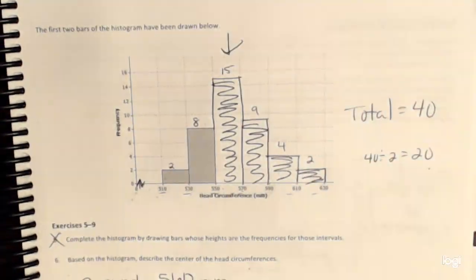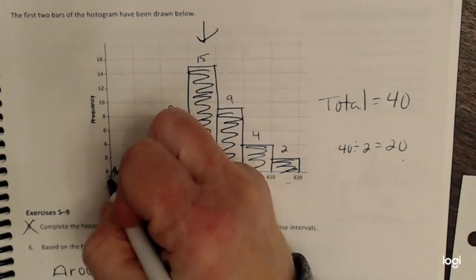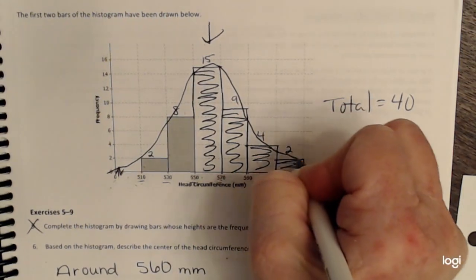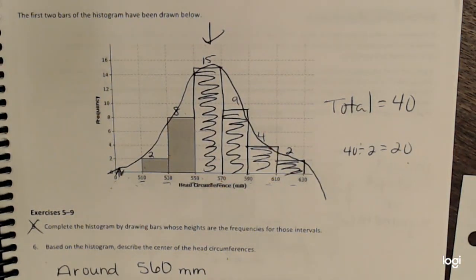Let's look here at our histogram. Let's start here at the 0 and let's go ahead and go up, go up, go up. So look very carefully at this histogram and the line that we drew.